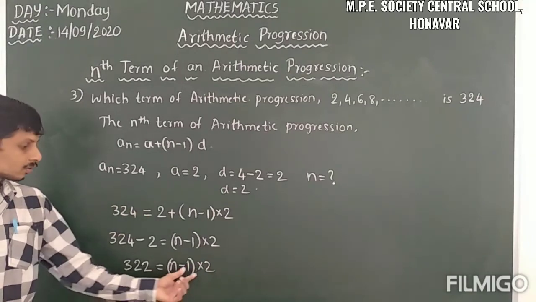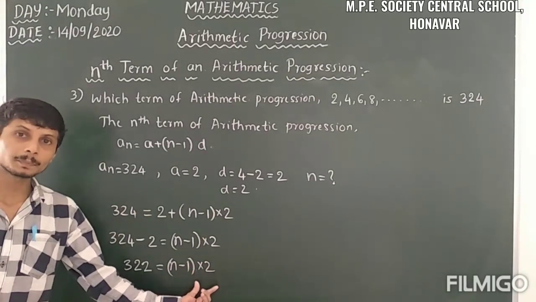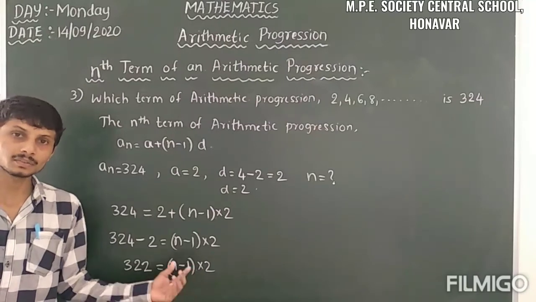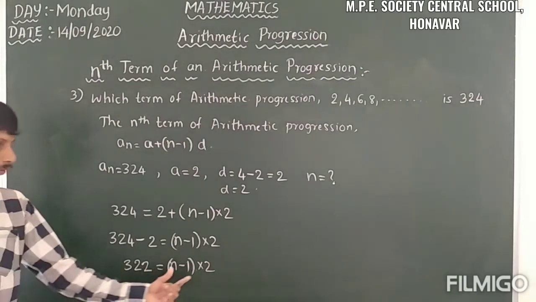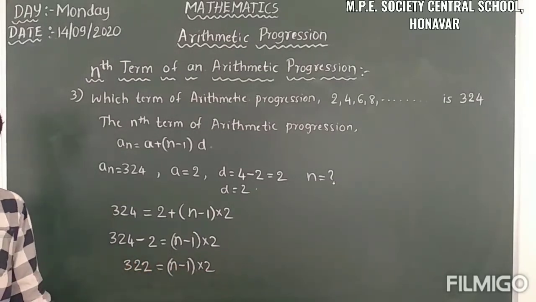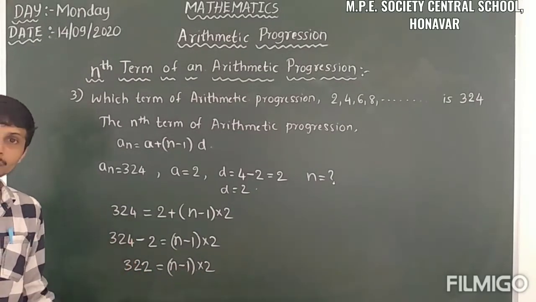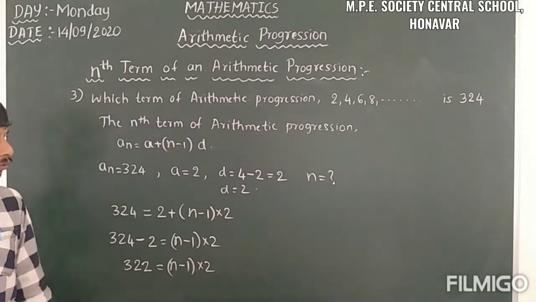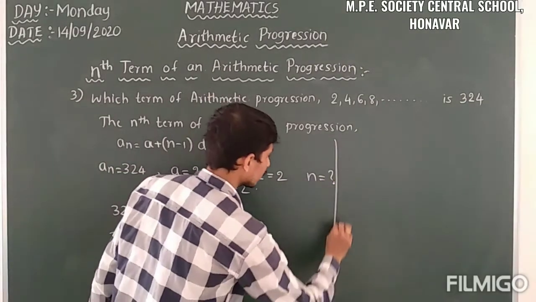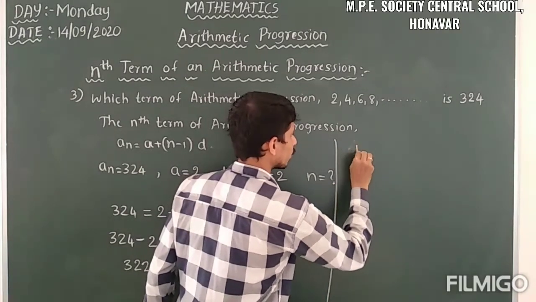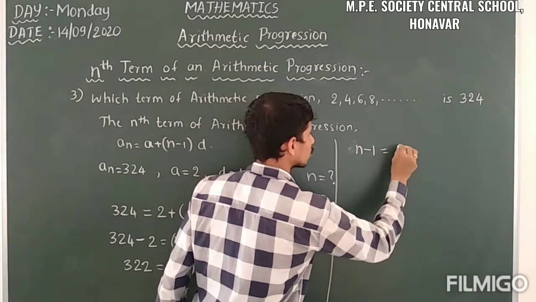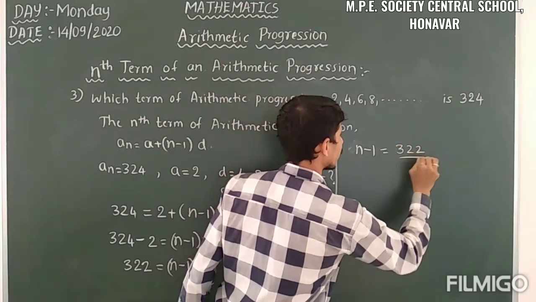After that, we have to transpose this multiplied 2, the multiplication with n minus 1, to the LHS side. So it converts into 322 divided by 2. So n minus 1 is equal to 322 divided by 2.